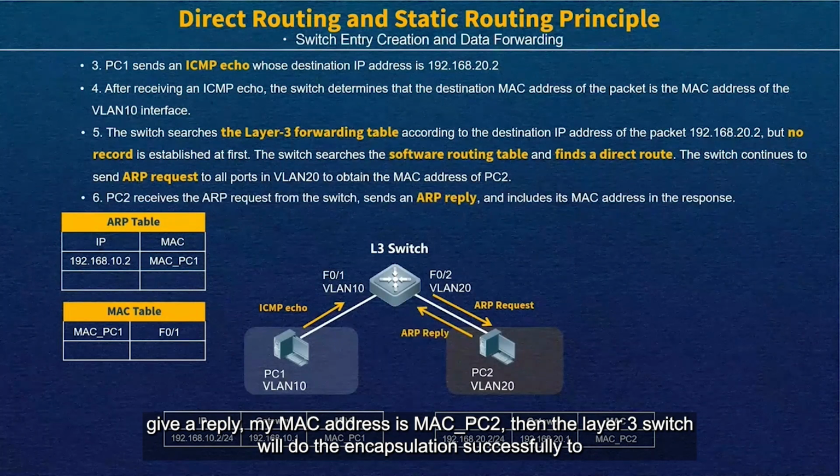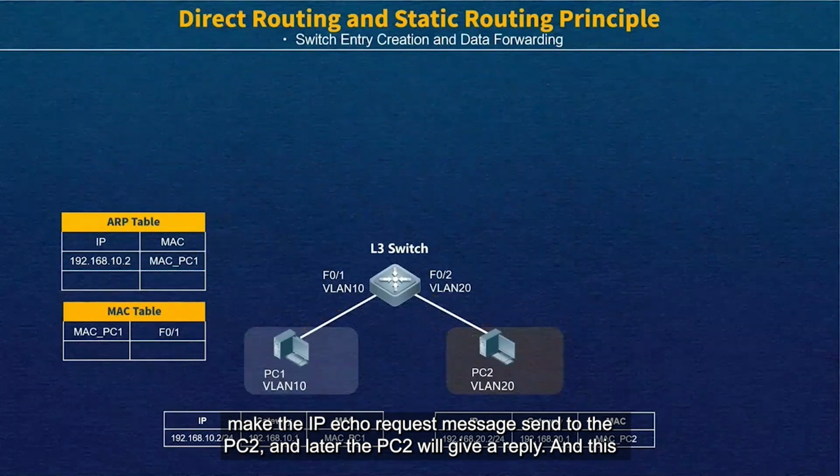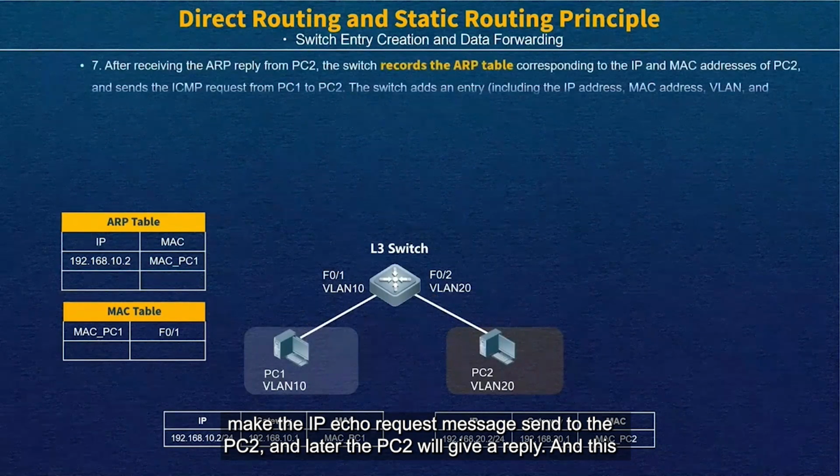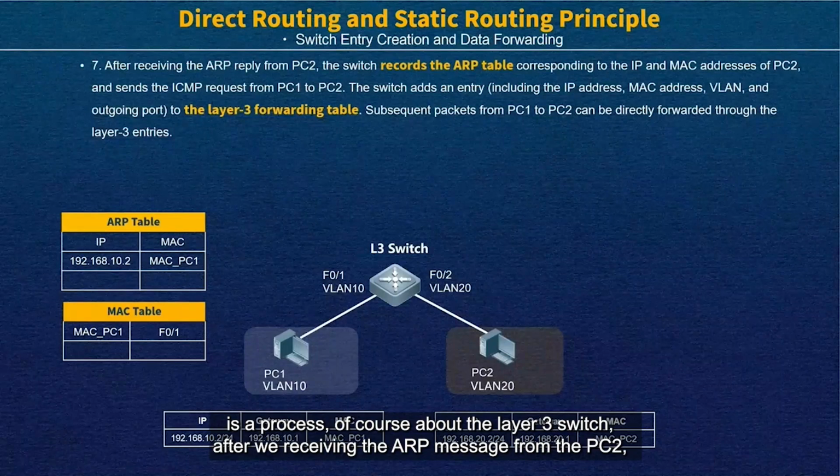My MAC address is PC2. Then the layer 3 switch will do the encapsulation successfully to make the ICMP echo request message sent to PC2. And later, the PC2 will give a reply. And this is the process.